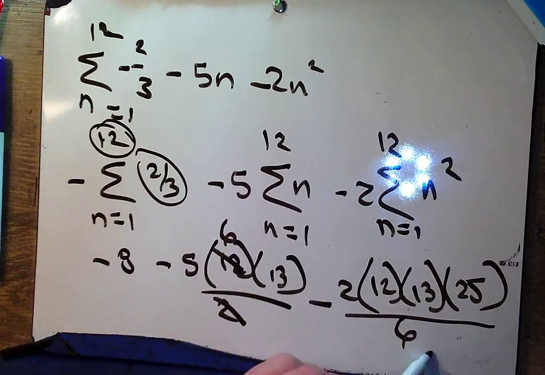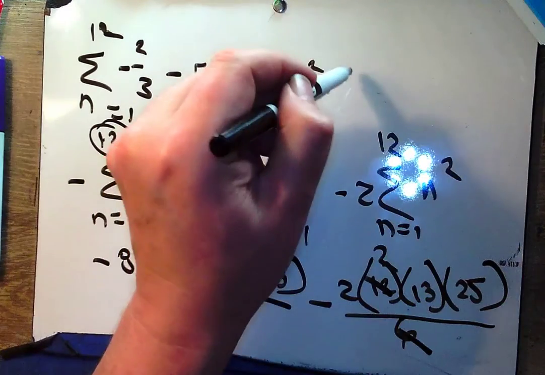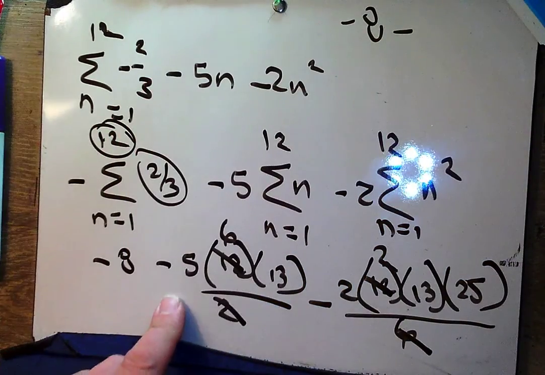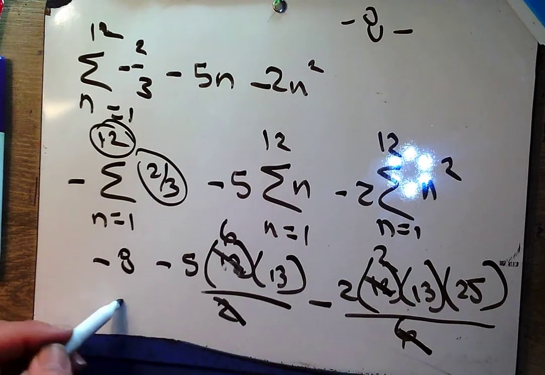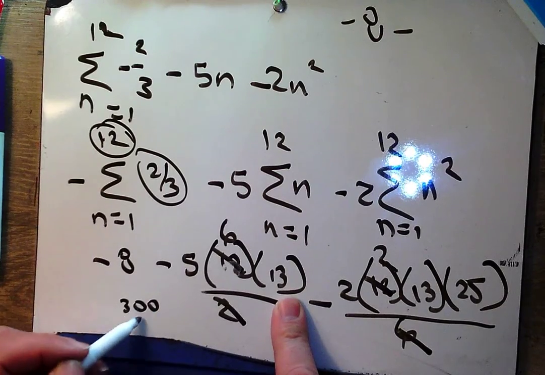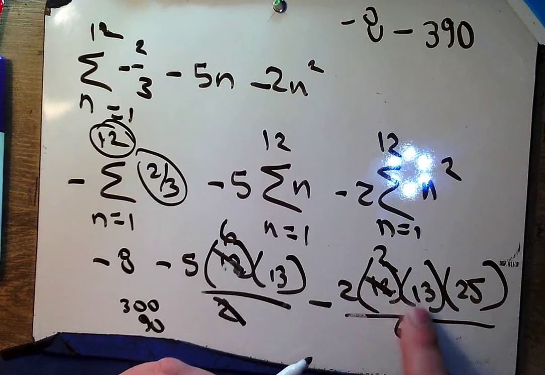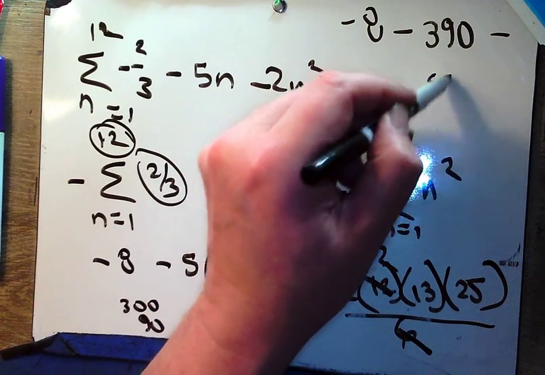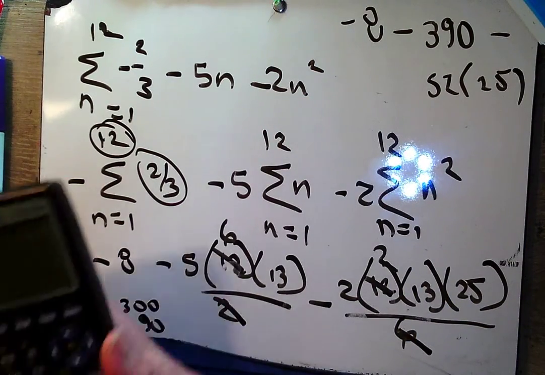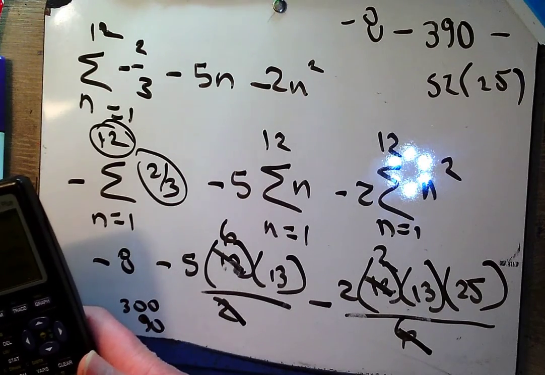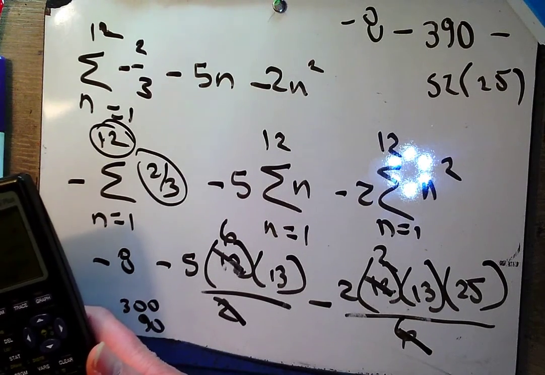Do a little simplifying. And so I'm going to have negative 8 minus 30 times 13. Well, 30 times 10 is 300. 30 times 3 is 90. I get minus 390. And then here, 4 times 13 is 52 times 25. All right, so let's see what we get there. We've got minus 8 minus 390 minus 52 times 25.